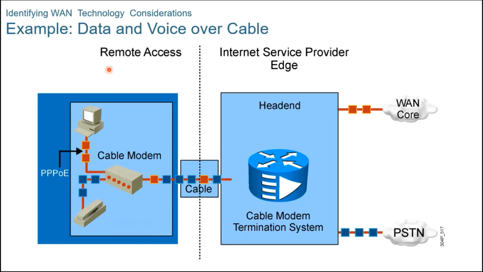Now I have here an example of data and voice over cable. This figure illustrates some of the components used to transmit data and voice on a cable network. The Universal Broadband Router, or the UBR, also referred to as the Cable Modem Termination System, or the CMTS, provides high-speed data connectivity and is deployed at the cable company's head end.